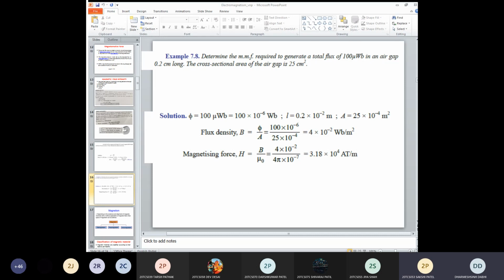Yes, very good. The answer is 63.6 ampere turns. Clear? MMF is 63.6 ampere turns. The unit is ampere turns.